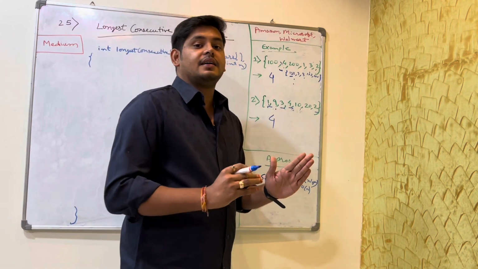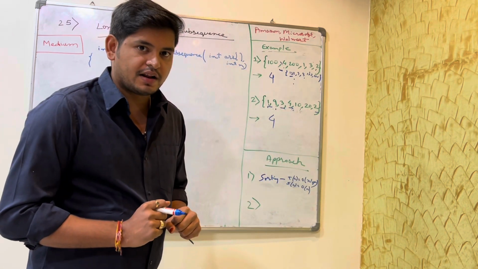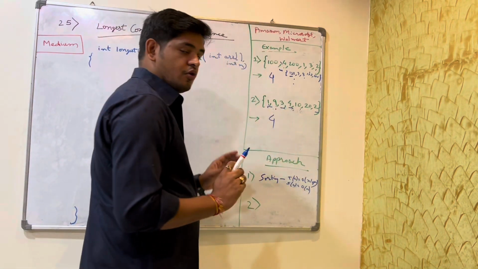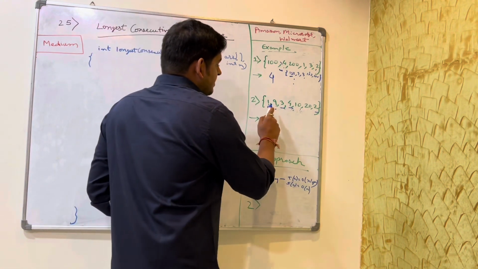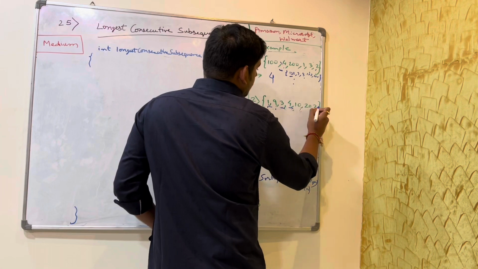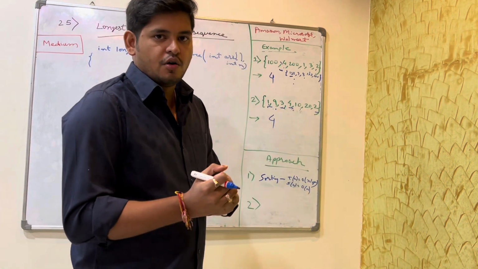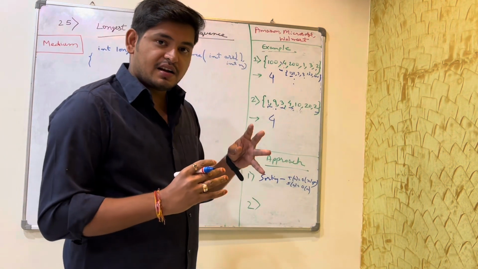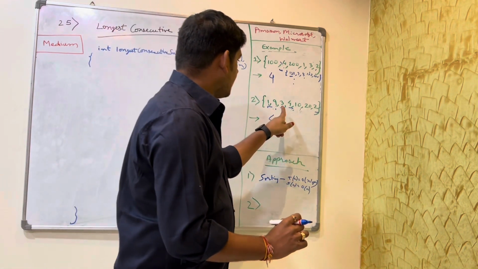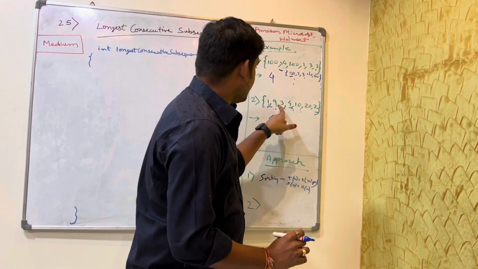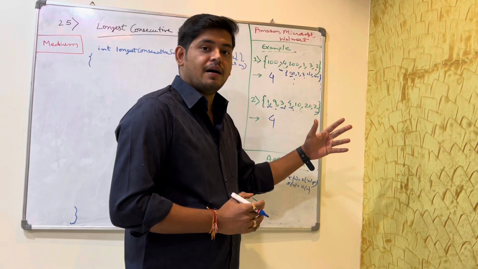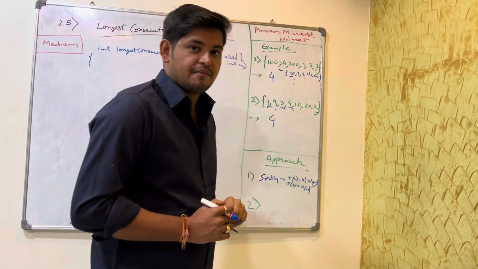But does it make the time complexity order of n square? No, it doesn't. Suppose we start at 1: here 1, 2, 3, 4, so for 1 we have traversed the loop four times. But when we go to 3 or 2 or 9, we don't need to traverse the map again, because this won't be the starting point.